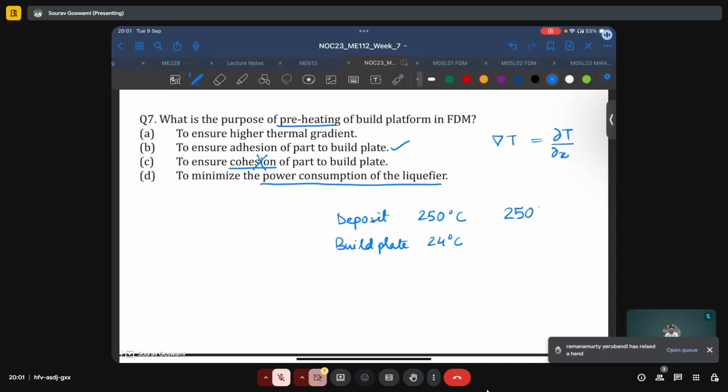Now the deposit is still at 250 degrees Celsius, but the build plate is at 70 degrees Celsius. So we see that in this case, delta T has gone down, and so the thermal gradient has gone down instead of increasing. So option B is the correct option.